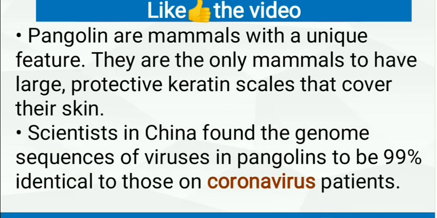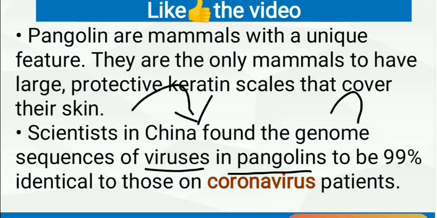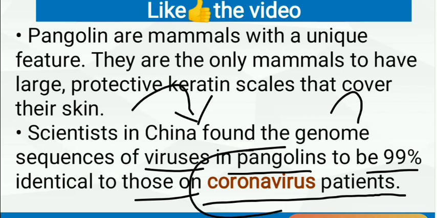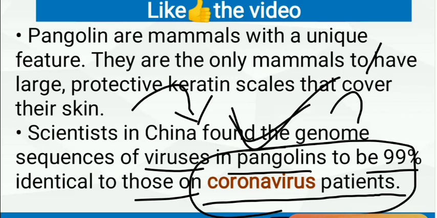And pangolin was recently in the news because scientists in China have found that the genome sequences of a virus found in pangolins is 99% identical to those found in coronavirus patients. So what is coronavirus? We have already discussed it many times in previous videos.